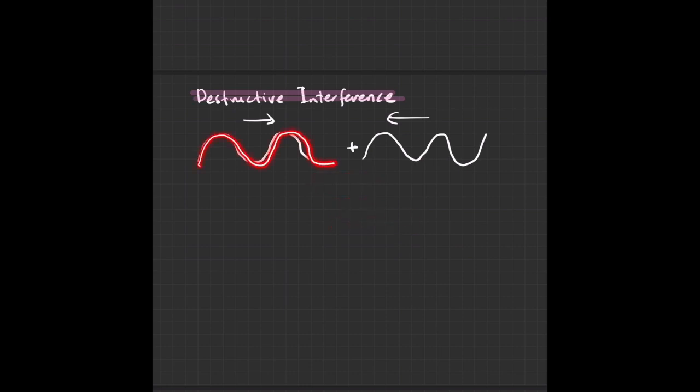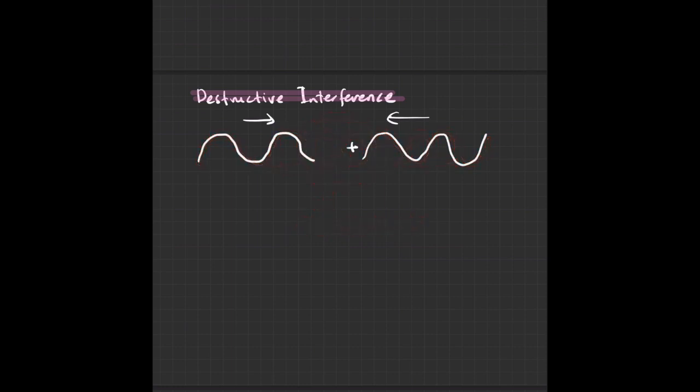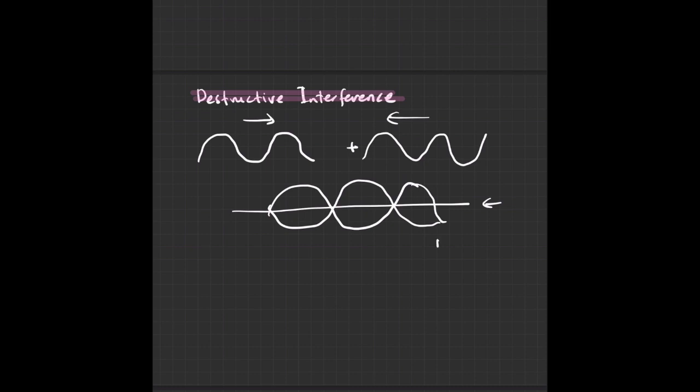As you can see, when the two waves overlap each other, the resultant of the two waves will cancel off, and it will produce a dark fringe, or destructive interference.